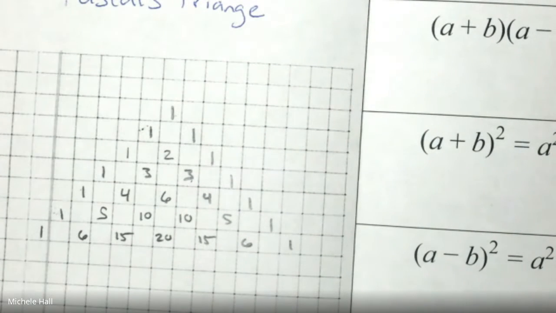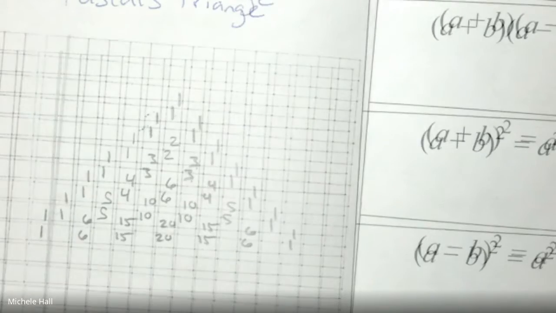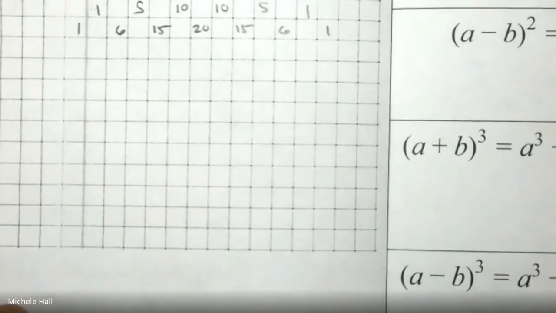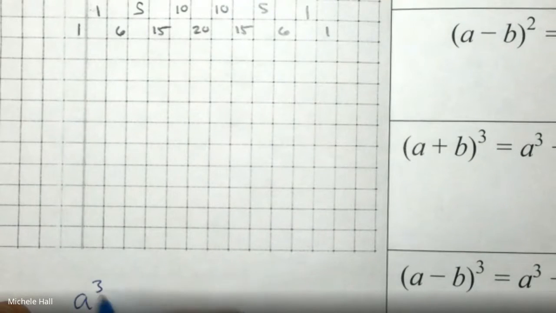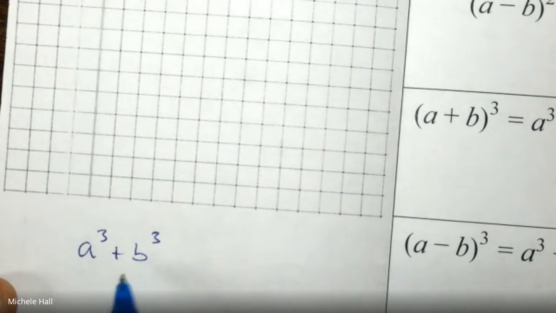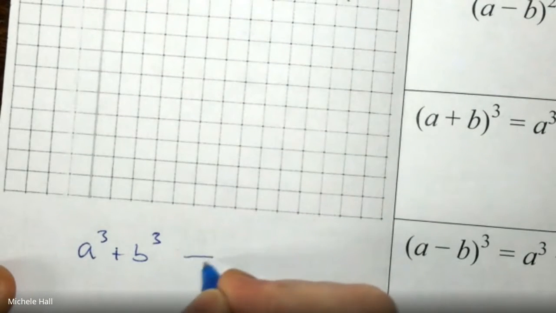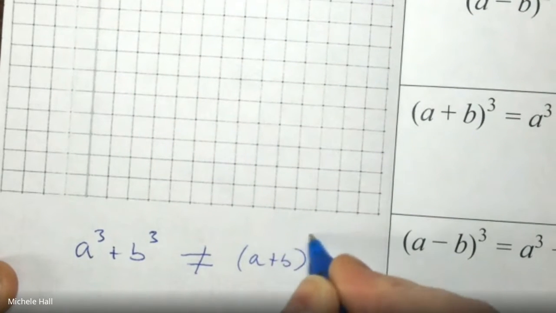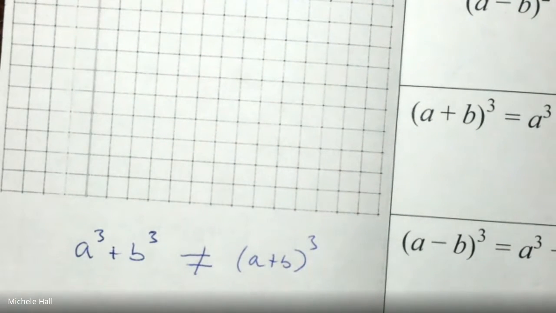Oh, we're not done with it yet. That was the easy part. The first thing I'm going to say is that what we've just been doing, a sum of cubes, is not the same thing as a binomial being cubed. Those are not the same.